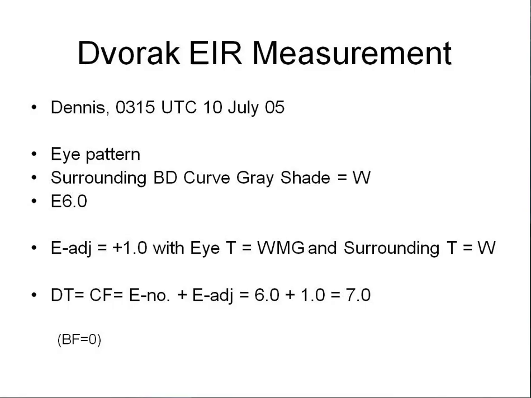As shown on this slide, the warm medium gray increases the eye adjustment factor to plus 1.0, so you get a T number of 7.0. This example shows that even zoomed in, the eye temperature gray shade can be difficult to determine with the BD curve.